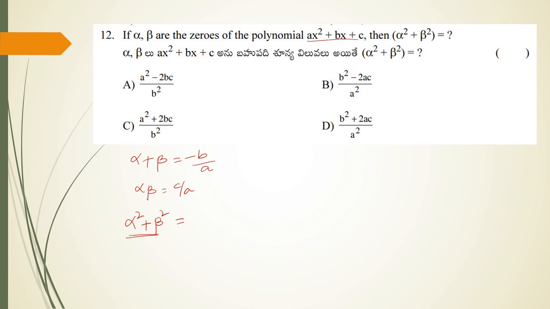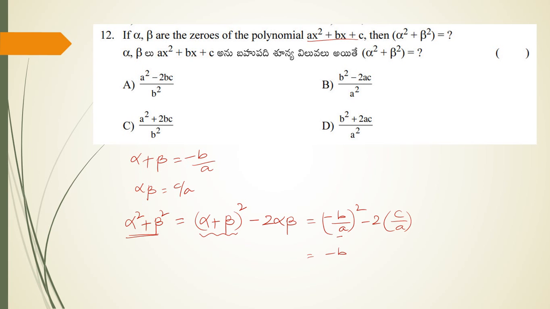Now what is the formula for alpha square plus beta square? I can write it as alpha plus beta whole square minus 2 times alpha beta. If you want, you can expand it and check it out. Already you know the sum of zeros and the product of zeros, so directly when I substitute these values, I get minus b by a whole square minus 2 times c by a. Now what am I going to get?